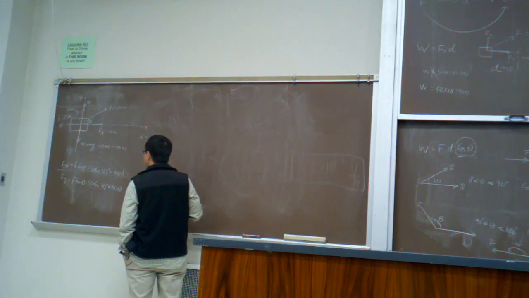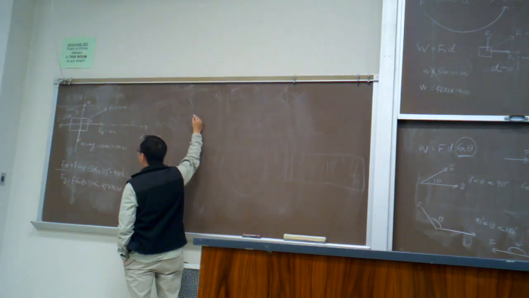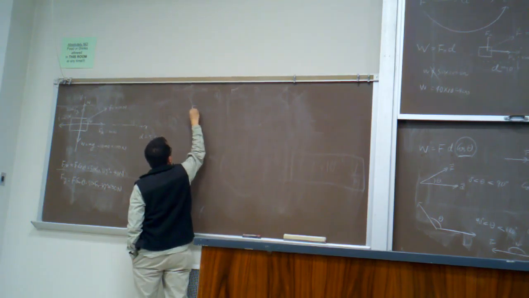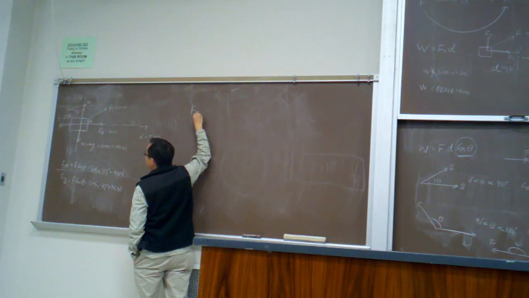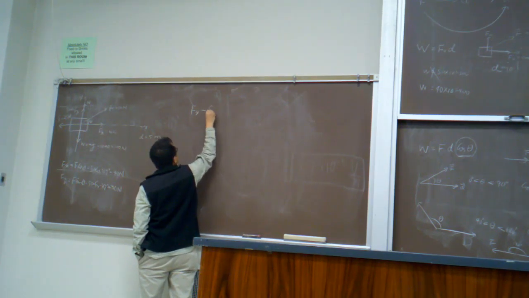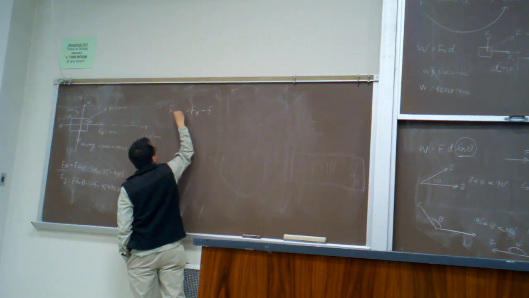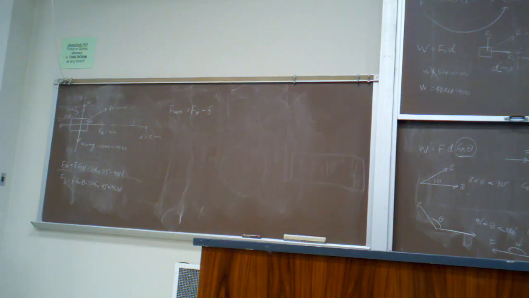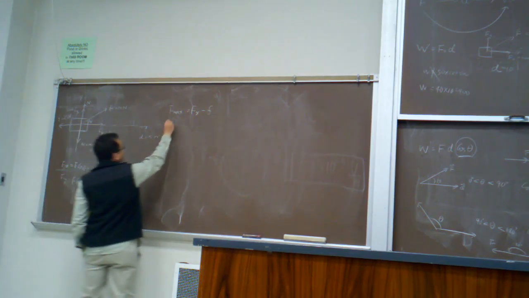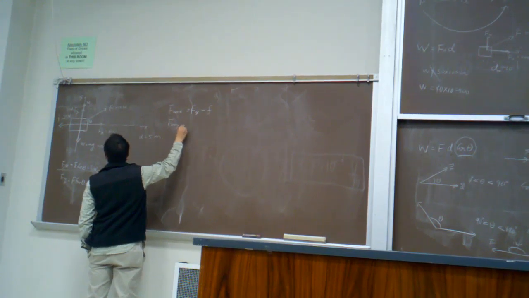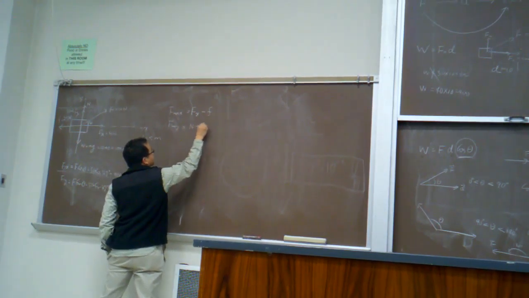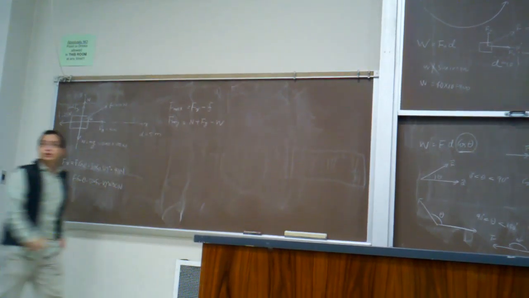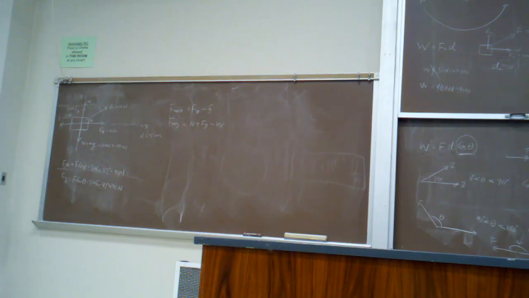So if you write down all the x components together, it should be Fx minus f. This will give you F net x. Any question here? And F net y should be N plus Fy minus W, right?